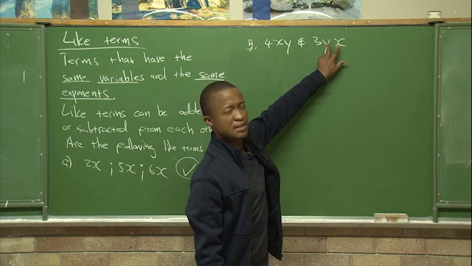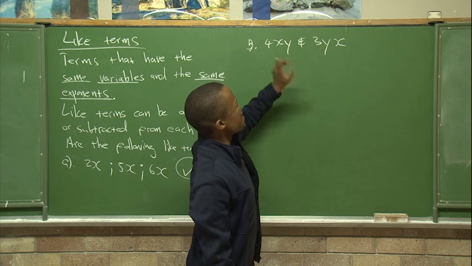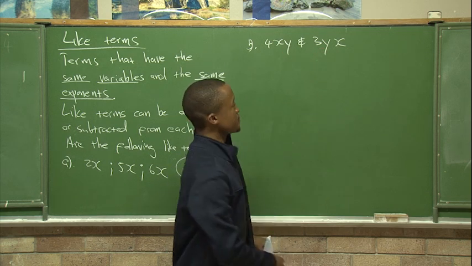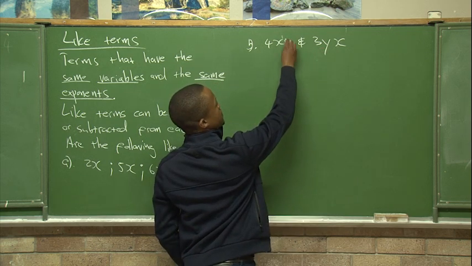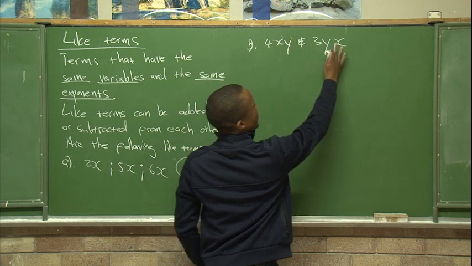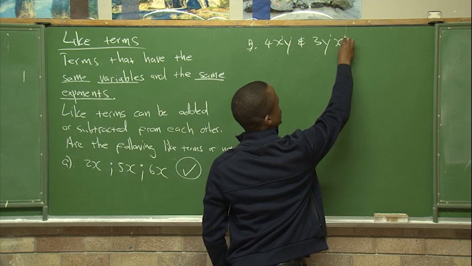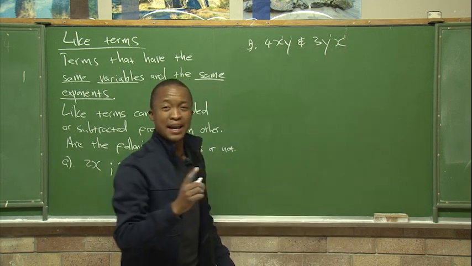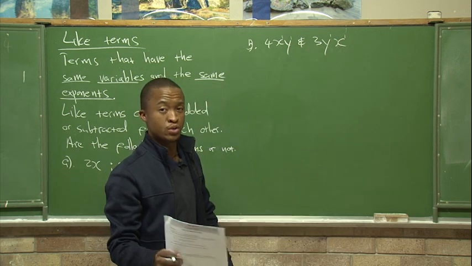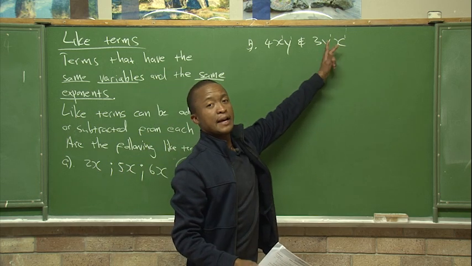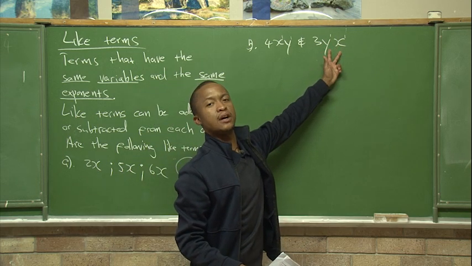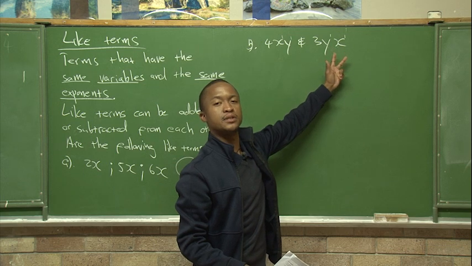Are the variables the same? Yes. Are the exponents the same? The exponent of x is 1, the exponent of y is 1. For the second term, the exponent of y is 1, the exponent of x is 1. So yes, the two are like terms, even though the second term's variables are not written in alphabetical order.